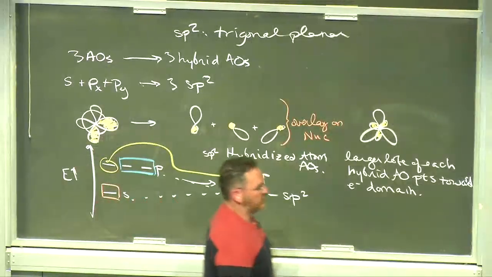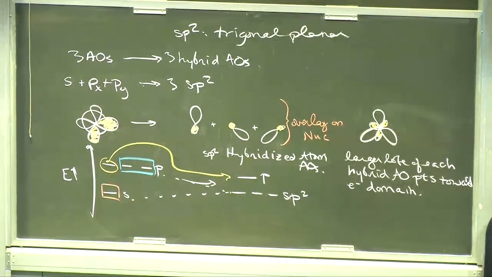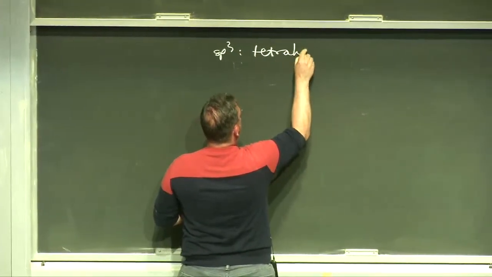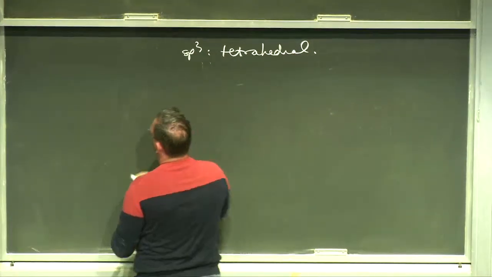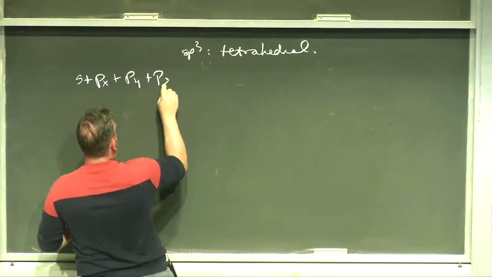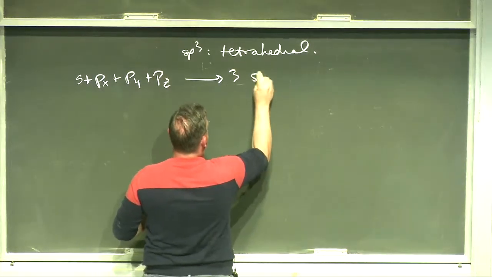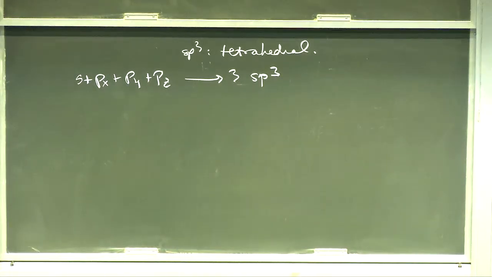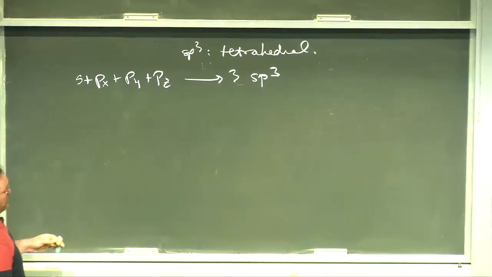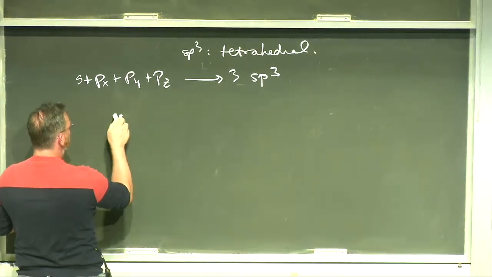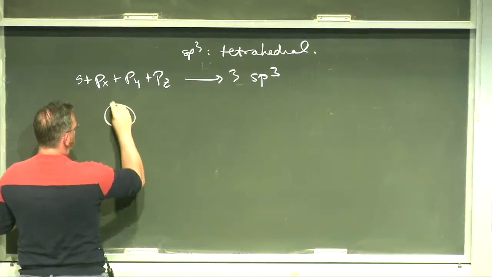All right, and then last, we've got our SP3 hybridized orbitals. That's tetrahedral. We're going to take all of those atomic orbitals, mix them all together in 4 different ways to get our 4 different electron domains. I'm going to draw them all on this one nucleus because why not?